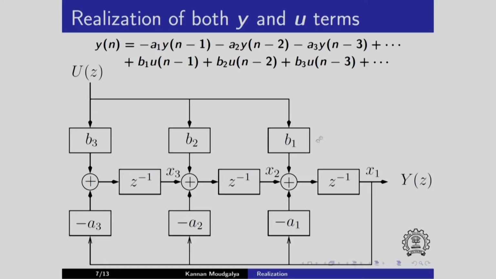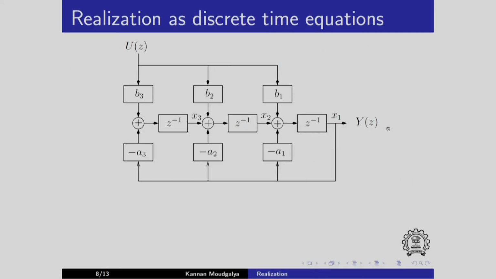When we superimpose, we get this expression. We will continue with this, but for convenience I am introducing new symbols x1 here, x2 here, and x3 here. So we start with this. Now notice this Y of n is nothing but x1 of n. So I write Y of n equals x1 of n.